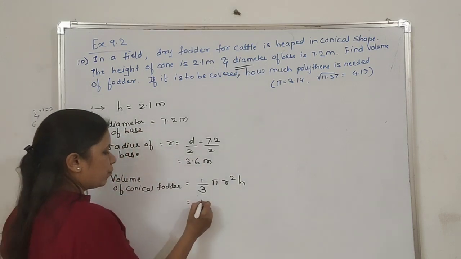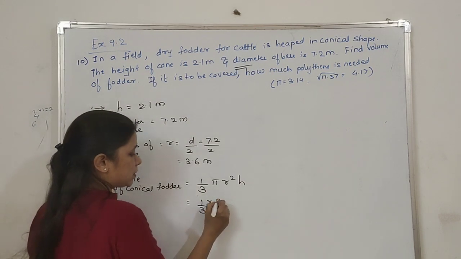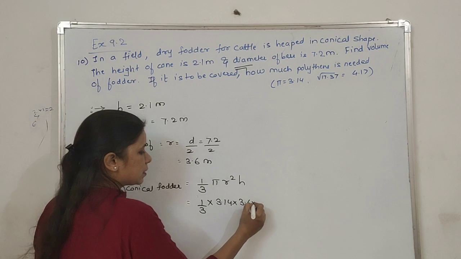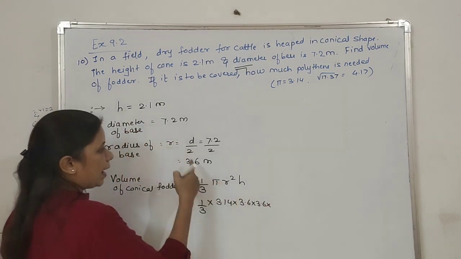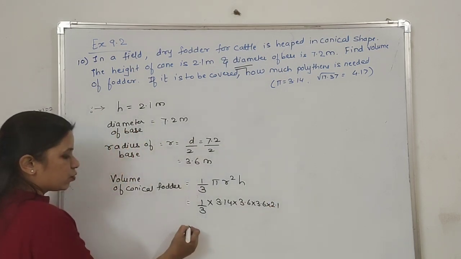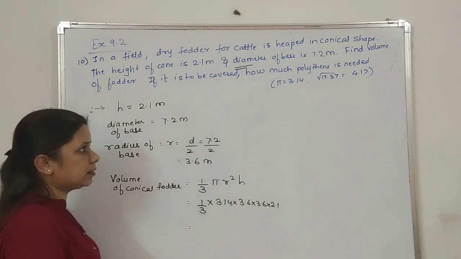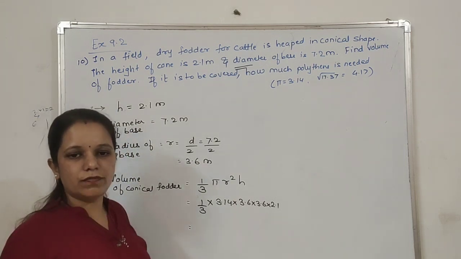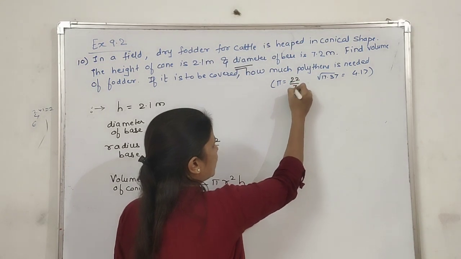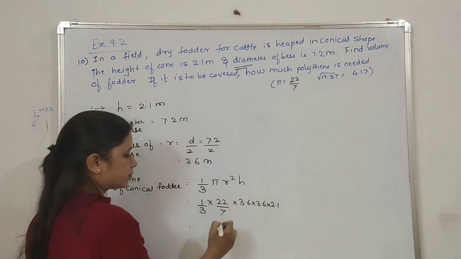So here 1 by 3, the value of pi is given to you as 3.14, r is 3.6, 3.6 and h as 2.1. So we will have to perform this calculation and then solve it. The value of pi, you can use 22 by 7 also, so it will be easy for calculation.